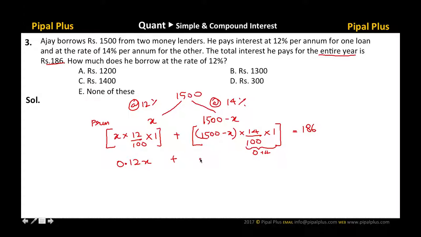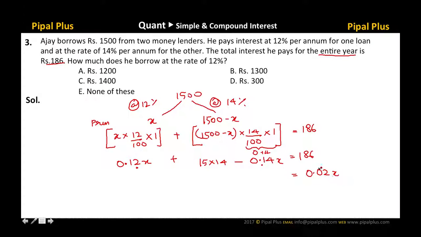I can simply write that as 15 into 14, right? This multiplied by 0.14 is equivalent to 15 into 14 minus 0.14x, right, equals 186. Now this part and this part add up to negative 0.02x, right?